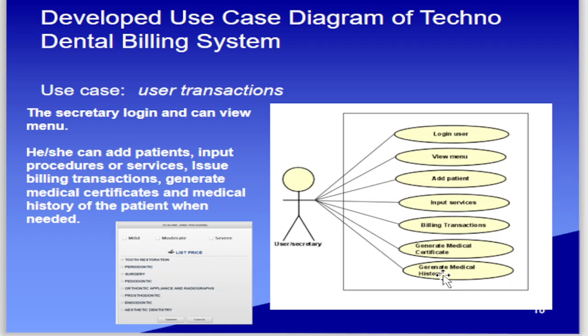With the medical history, they will know what particular and specific tooth had a certain procedure. So once they transfer to another dental clinic, the doctors will know exactly what operations or procedures were done in the other clinic.